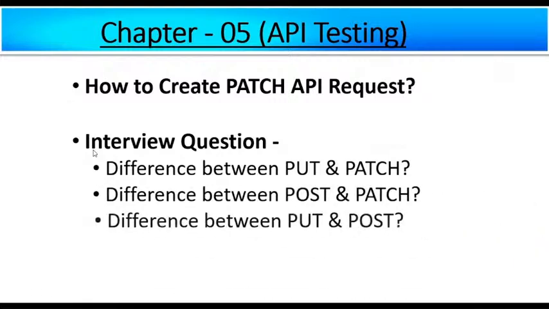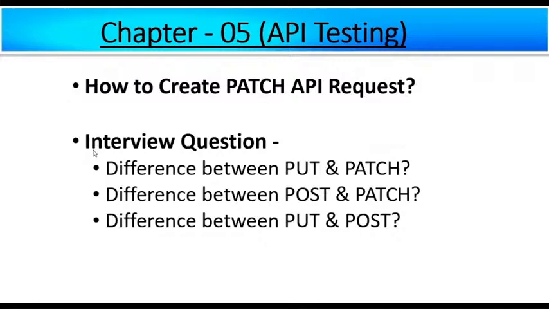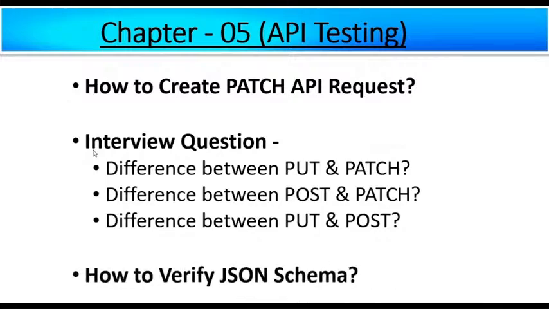We will discuss the key differences between the put API request and patch API request, then the difference between post API request and patch API request, then the key differences between the put API request and the post API request, and finally how to verify the JSON schema. So before we go ahead and create the patch API request, I will discuss the interview questions.